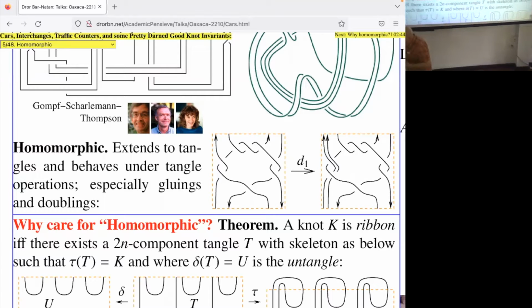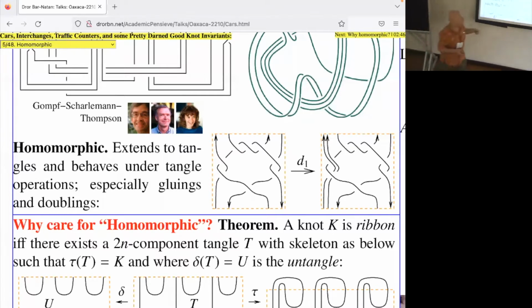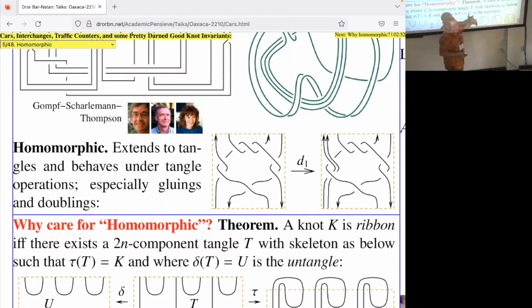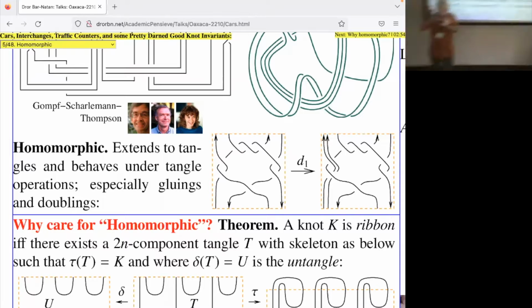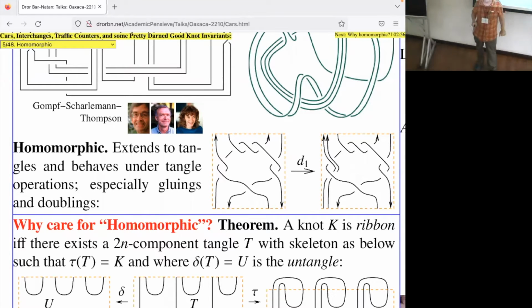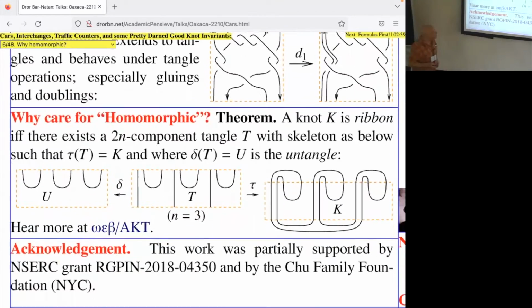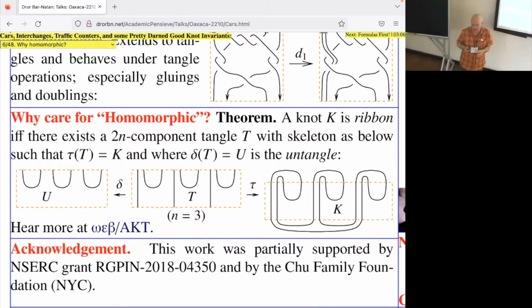And I want invariants with the property that if you know the invariant of this, you can compute the invariant of that. And also, if you know the invariant of the two components, you can compute the invariant of their composition.